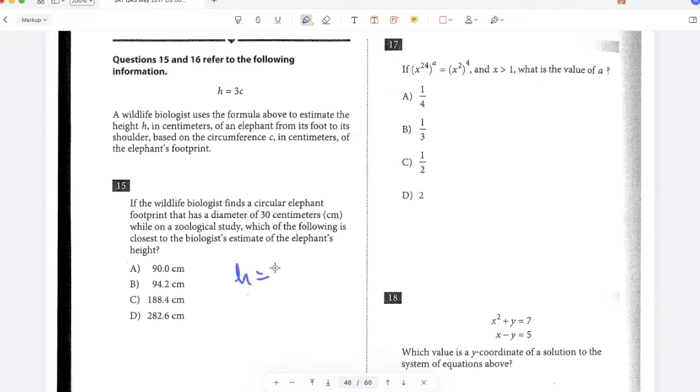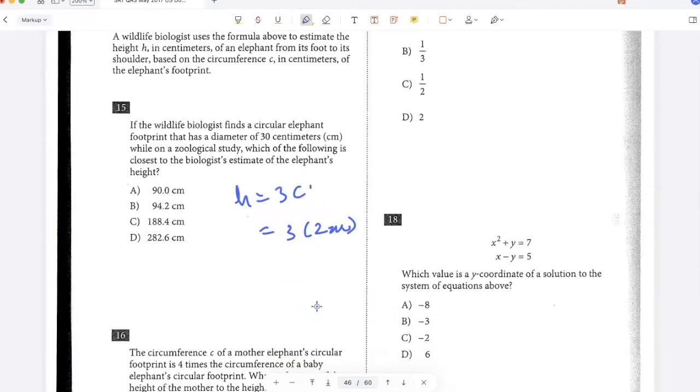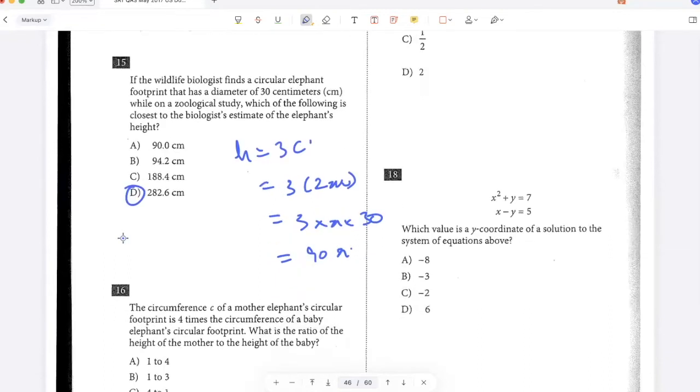Okay, so h is 3c, which is 3 times 2 pi r, and the diameter is 30, so 2r is 30, so 3 times pi times 30, which is 90 pi, right? And 90 times 3.14, the closest would be 282.6.